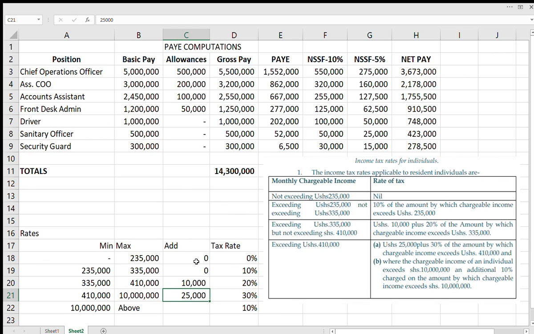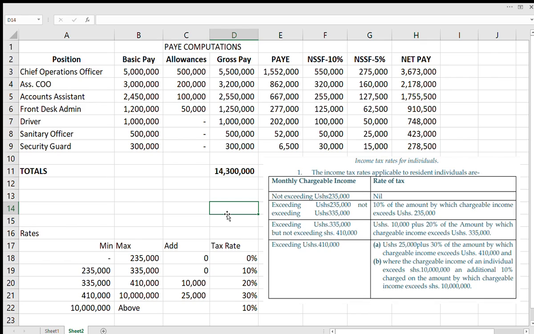So we are going to get an example here. For example, this person, the security guard, is earning a gross pay of 300,000 shillings.